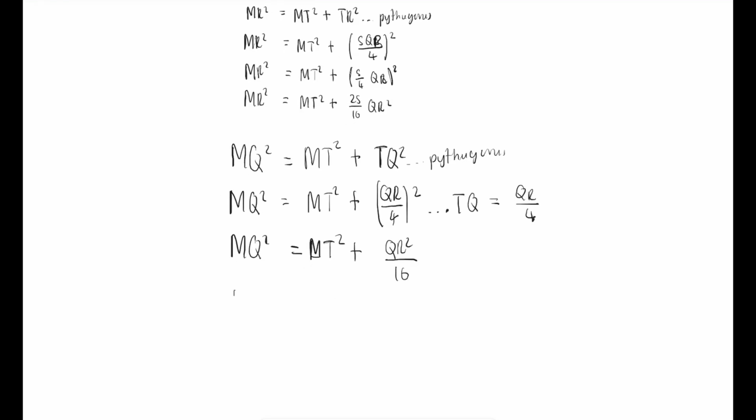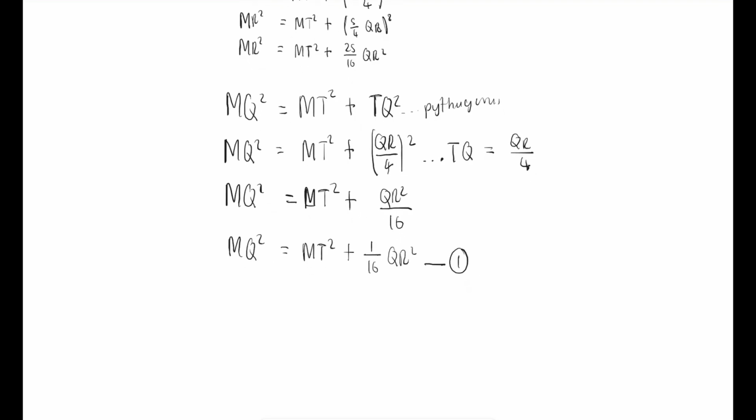This means that my MQ squared is equals to MT squared plus 1 over 16 QR squared. And let me call this my equation 1. So now, do you actually see here that my MQ squared is equals to this MT squared, which is over here, plus 1 over 16 QR squared.